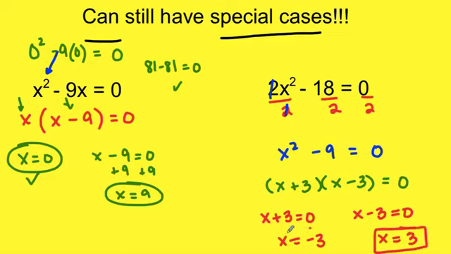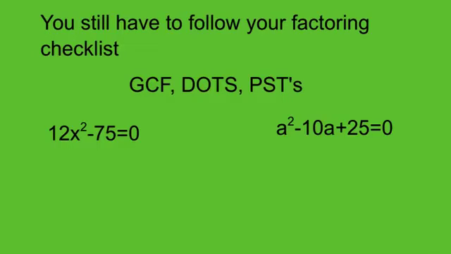So now those are two special cases. We also always want to still go through that factoring checklist when we are solving. GCF, is it dots? Is it a perfect square trinomial? Okay. All right, so we're going to look here. 12x squared minus 75. I looked at that very quickly and I realized that there is a common factor of 3.